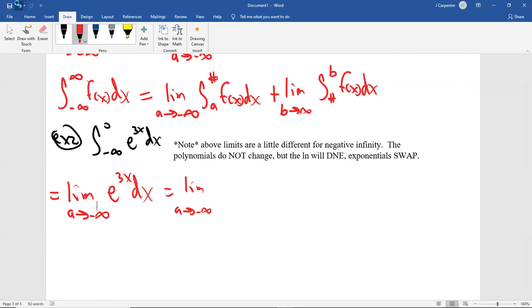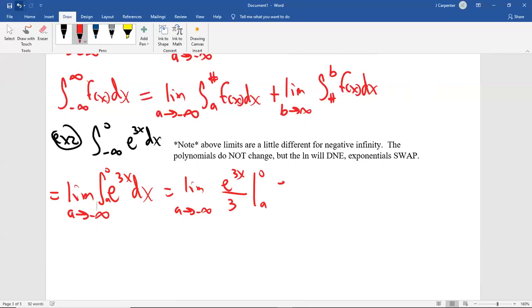We have a rule for that. It's e to the 3x divided by 3. There's no plus c needed because we're evaluating between, oh, I forgot my integral symbol. Geez, from a to 0. So we're evaluating from a to 0. I got so focused on the negative part of the infinity, I forgot my integral symbol, but we got it in the end.